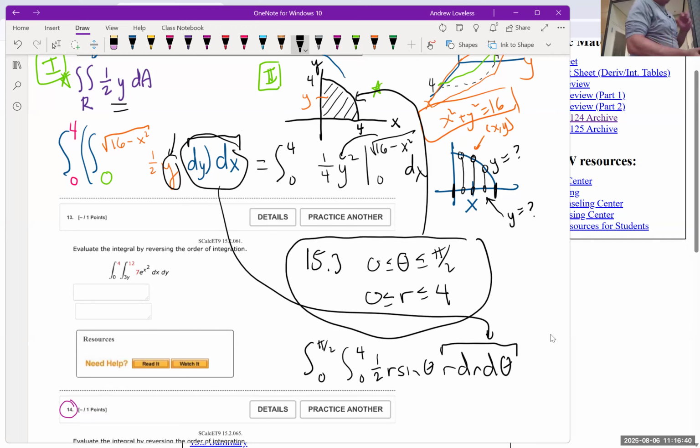So that's a nice little preview of 15.3. It's this third option, which is very good when you're dealing with circular regions. And since circular regions come up quite a bit when we're measuring things, it's nice to have this polar option. Just gives one more approach. Okay, that's 15.3. So we'll do some of those on Friday. In this case, all three of these would give you the same value.